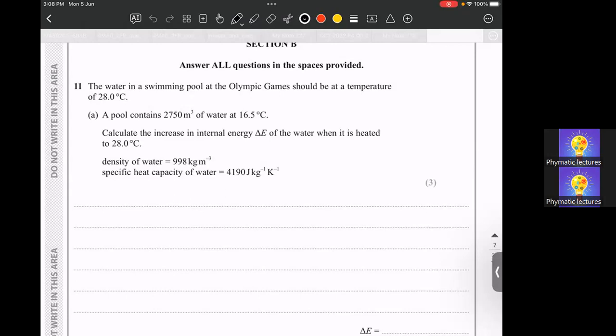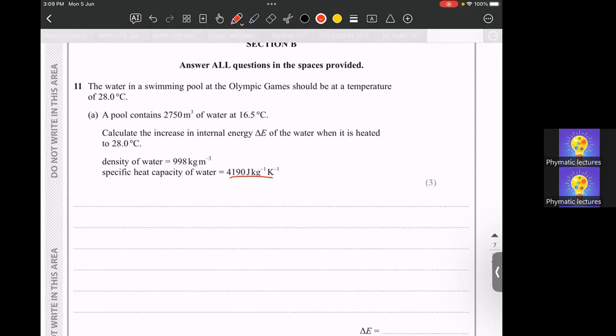Anyway, they are asking about the increase in the internal energy. Since it is energy, obviously internal energy we can equate to mc delta theta. Correct? So see the units. The specific heat capacity is given in joule per kilogram per Kelvin and density is 998.